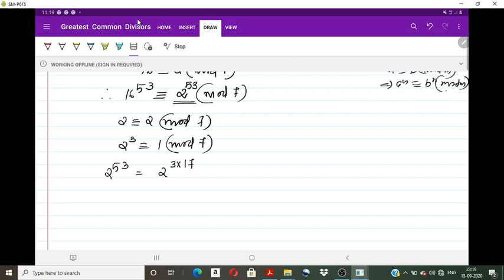So 2 raised to 53 can be written as 2 raised to 3 into 17 plus 2, which is equal to 2 raised to 3, raised to 17, into 2 square.